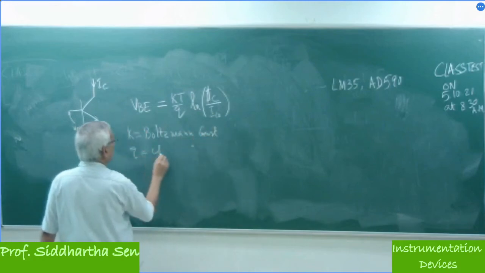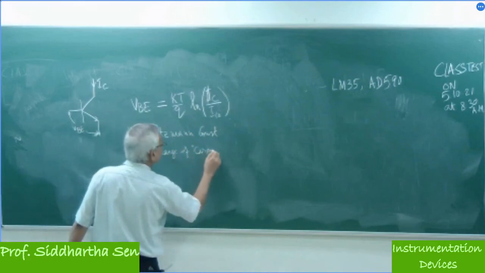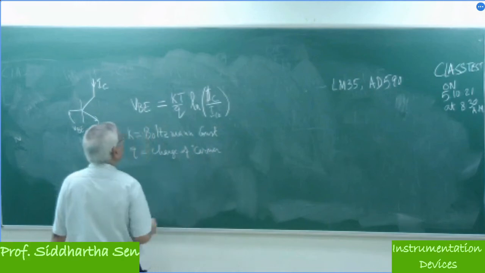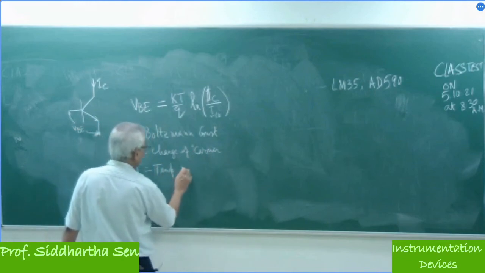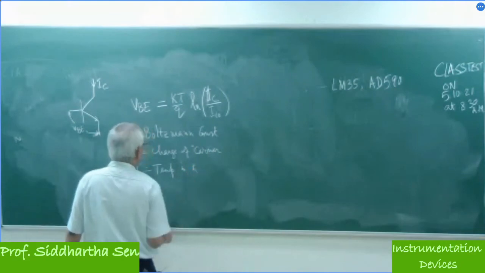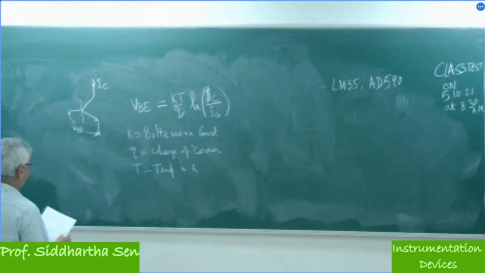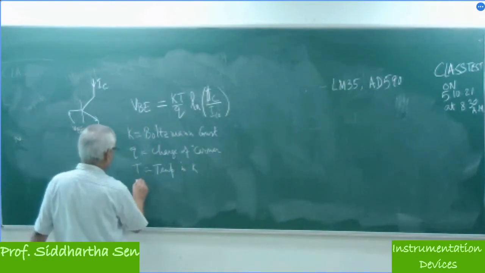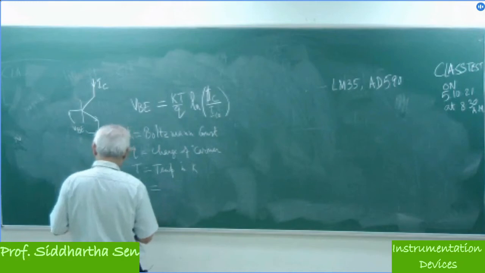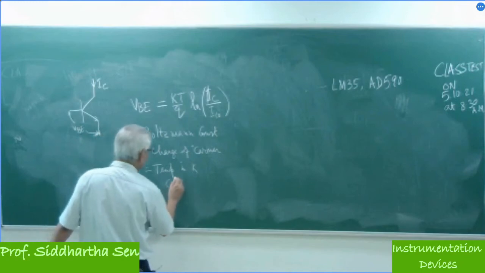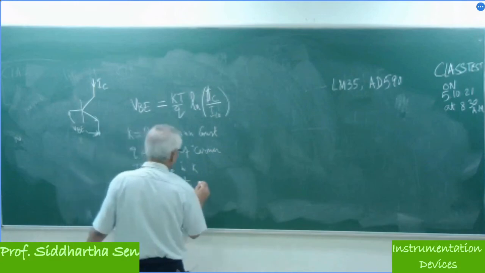Q is the charge of carrier, that is an electron, say, T is the temperature in Kelvin. So this is a very nice area. And IC0, which we often call a dark current or collector saturation current.